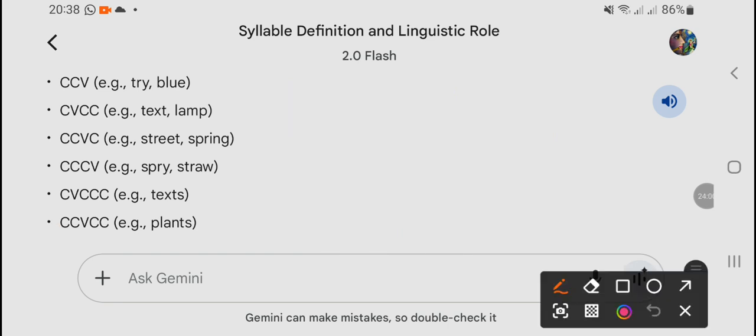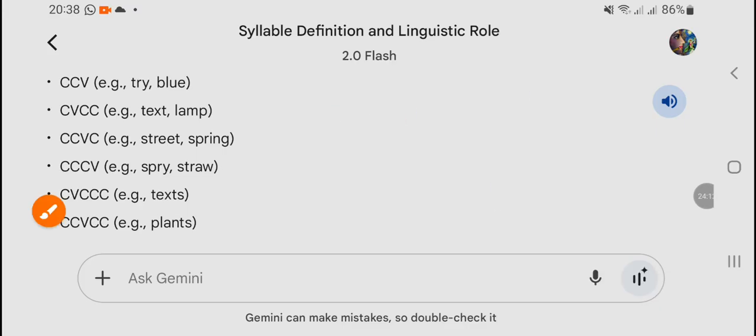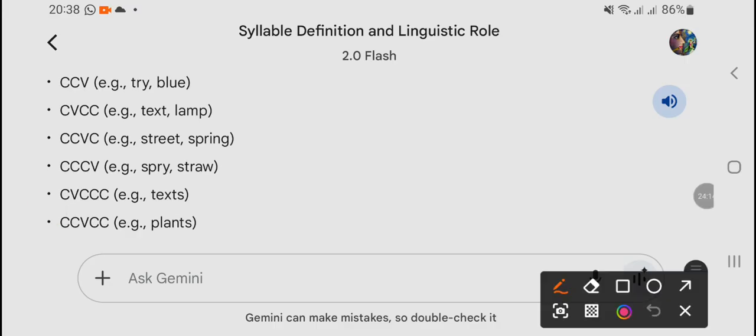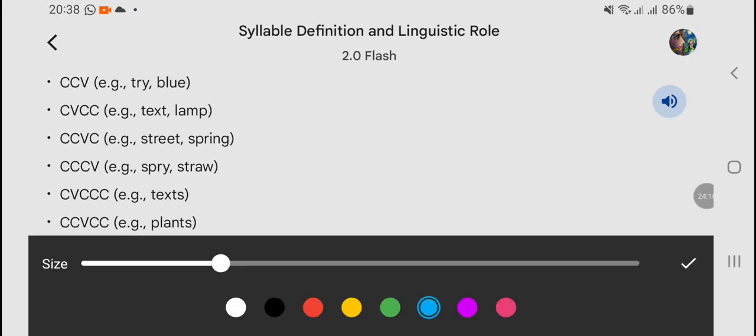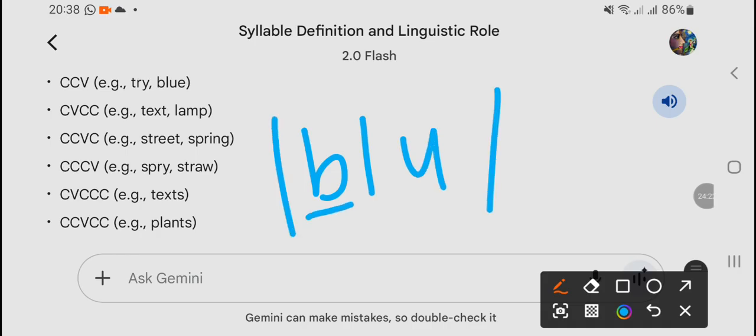Then blue. Here too, this is consonant, consonant, vowel. This structure. Okay.